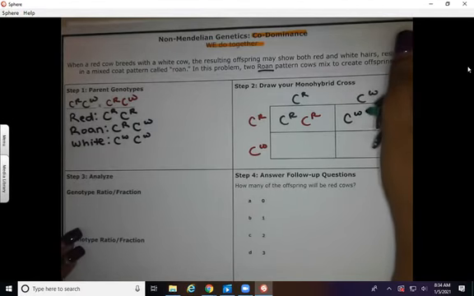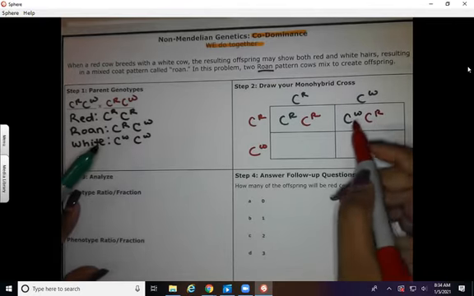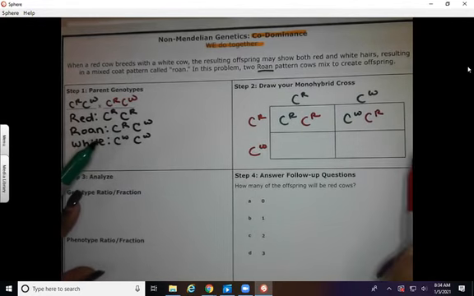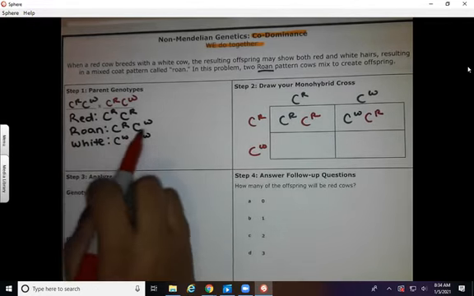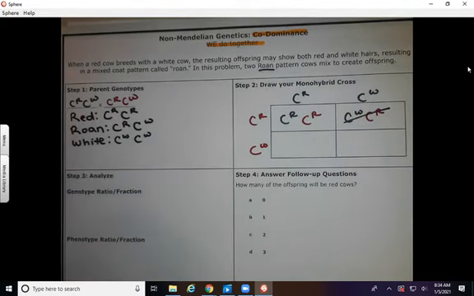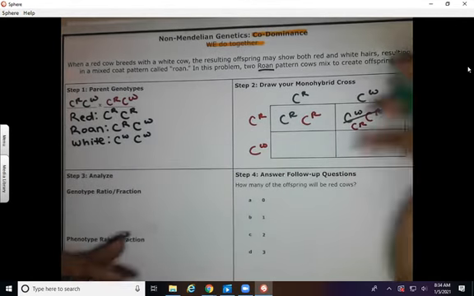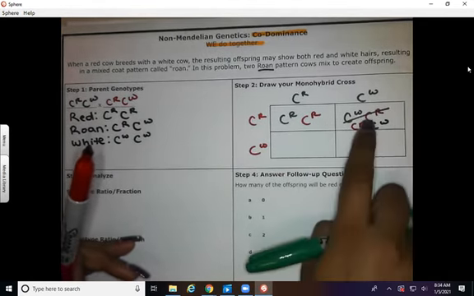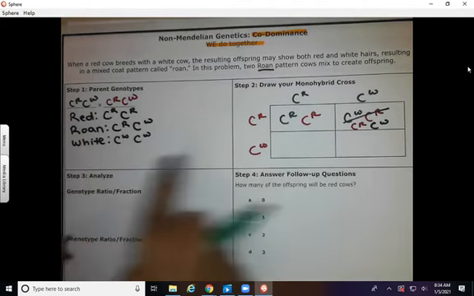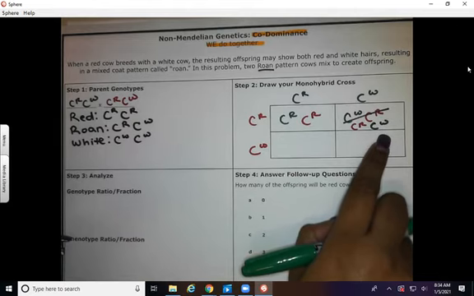CW and CR. So I kind of don't like the way that looks. I've always been putting R's first, like in my example for roan. So what I'm going to do is I'm actually going to write this as CRCW. So I just wanted to show you that, yeah, you can write it like this, but since I made my key like R then W, I'm going to do that the same inside of here.